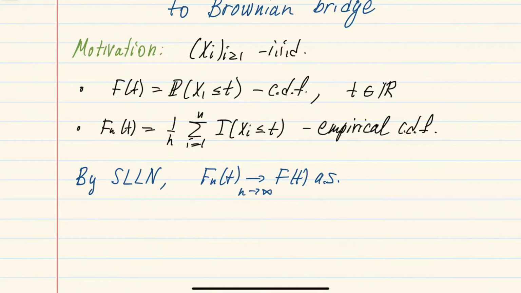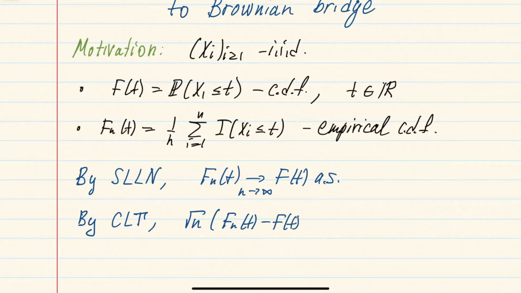Now, by the central limit theorem, if you scale by square root of n, then you will have convergence to some Gaussian distribution. So if you multiply the difference between the empirical CDF and the limit, which is the CDF, for any fixed t by square root of n, you can rewrite it also as 1 over square root of n, the sum from 1 to n of the indicator minus its expectation.